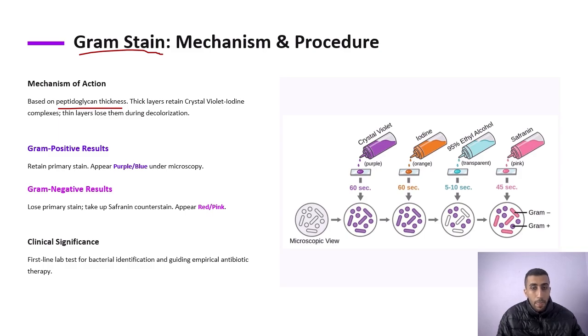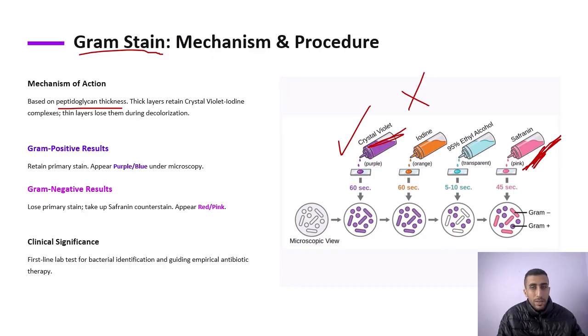So we start with crystal violet, and we pour it on this culture, and the peptidoglycan layer absorbs the crystal violet. Remember from the past slides that gram-positive have a thick peptidoglycan layer, and hence it is going to absorb this crystal violet, versus gram-negative, which have a thin peptidoglycan layer, and will not absorb it very well, and it is going to appear pink with safranin, the counterstain.